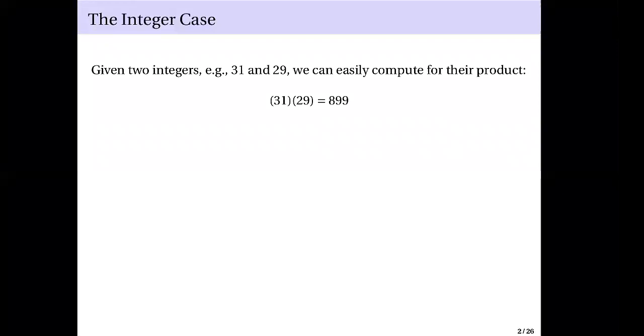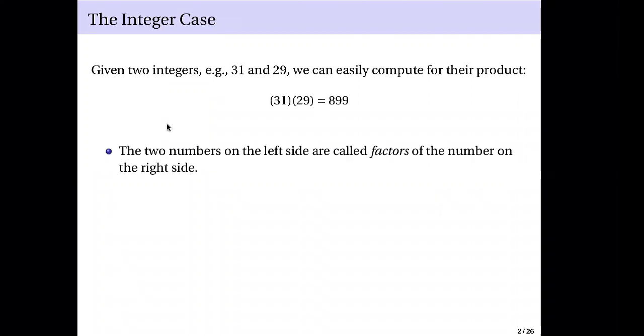So for example, let us consider the integer case. Given two integers, 31 and 29, we can easily compute their product. We can use a calculator, we can do it manually, etc. So if we compute the product of 31 and 29, this will be equal to 899.